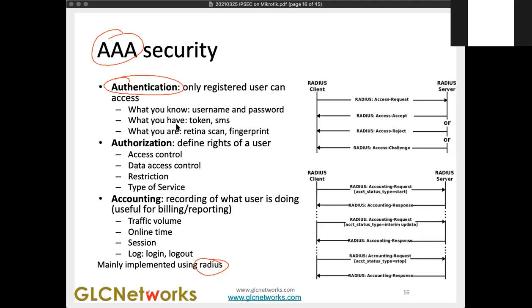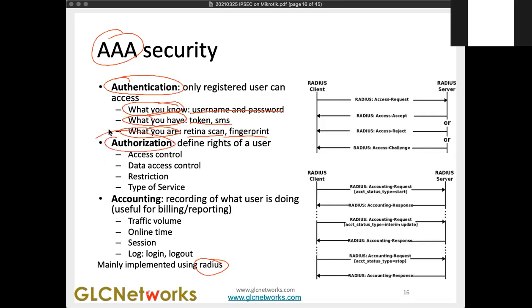For example, the technologies use a username and password, what you have, like a token and SMS, and what you are, like a retina scan or fingerprint. Those are the security measures for authentication, a technology to make sure that you are the right person who is able to access the network.